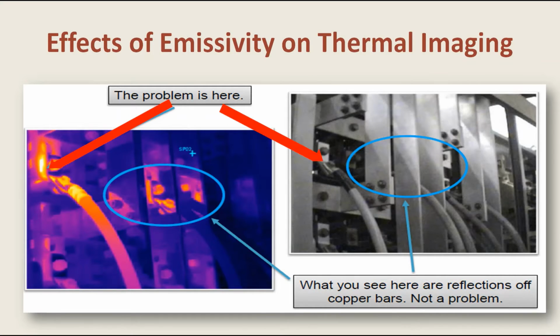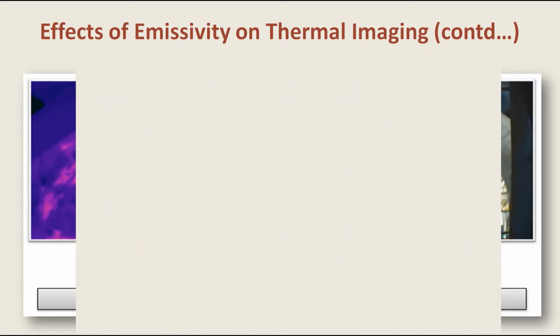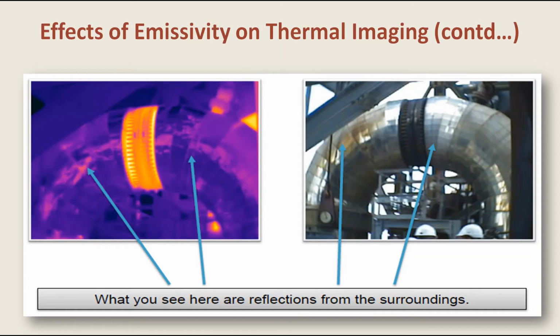The object with low emissivity will appear dull to a thermal imaging camera in the same way as it appears to a human eye. Another example shows that the problem is in the middle ring, which is appearing red in color. Elsewhere are the reflections.